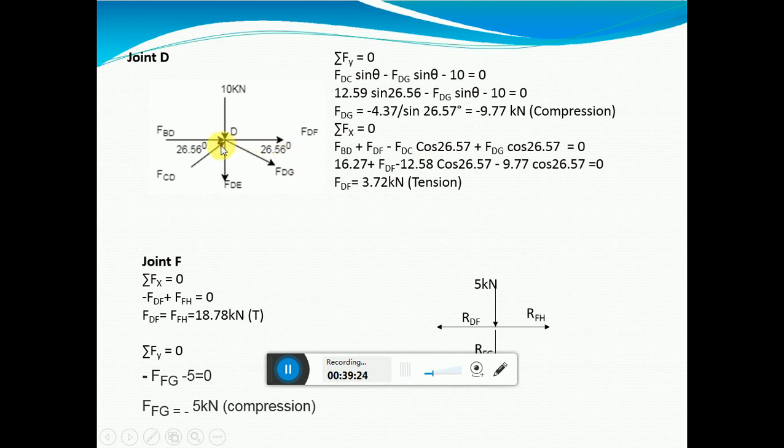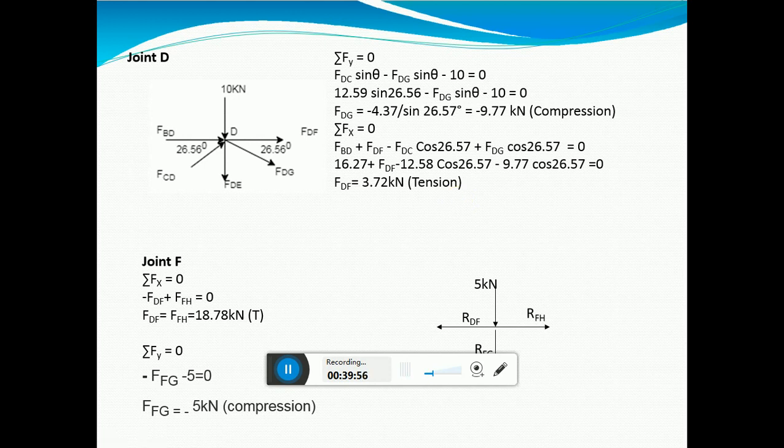Next, apply summation Fx is equal to 0, that is FBD plus FDF plus FDG cos 26.57 plus FDC cos 26.57. So find out the unknown FDF. It is found in tension.